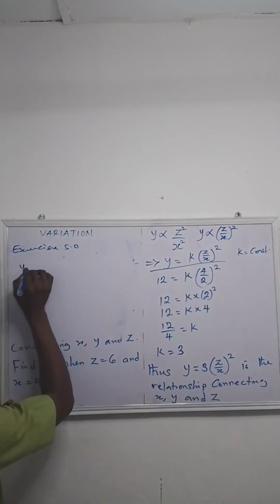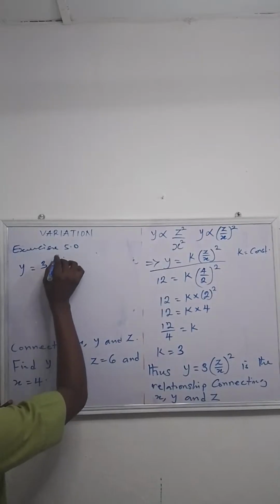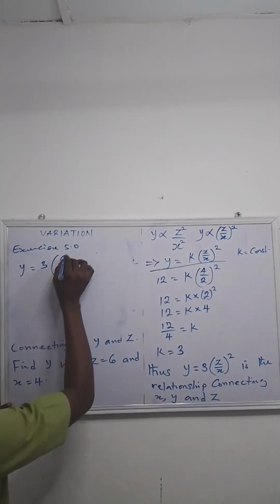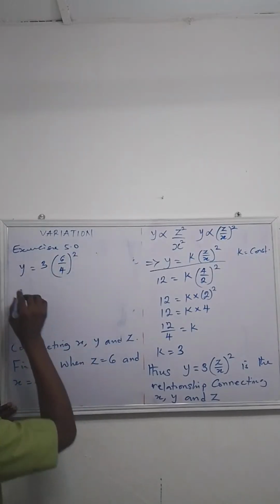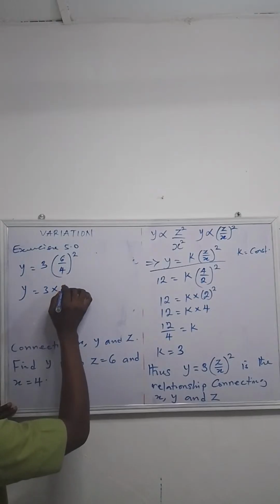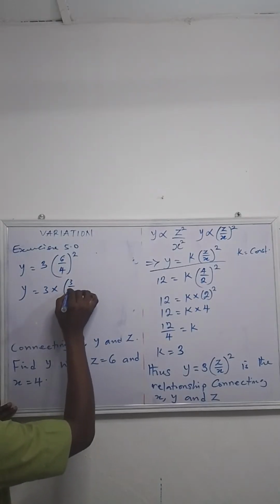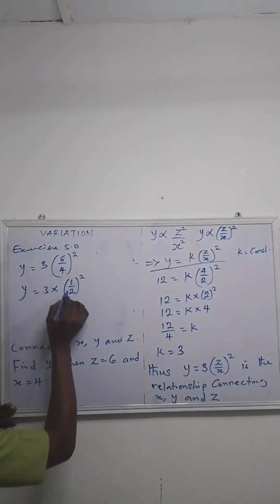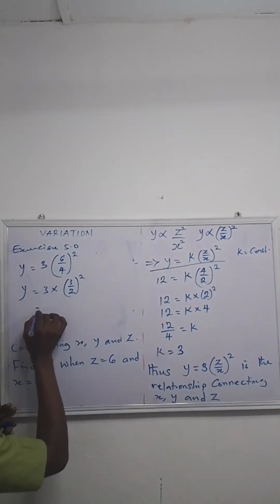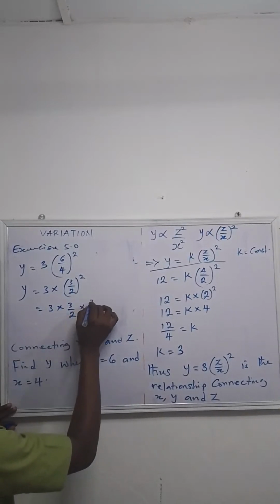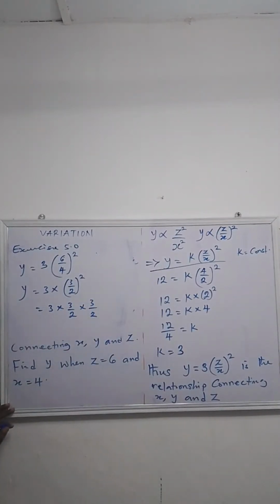We have y equals 3, z is 6 and x is 4, everything raised to the power of 2. So we have y equals 3 times, this is the same thing as 3 over 2 squared. So 2 goes into 6 is 3, 2 goes into 4 is 2. So we have 3 times 3 over 2 times 3 over 2.